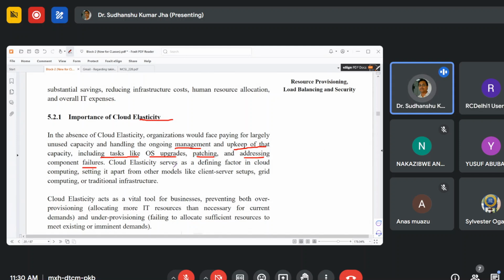Immediately new VMs will be allocated to the existing customers, and so on. So this is a kind of elasticity.